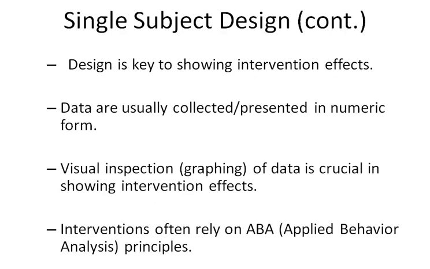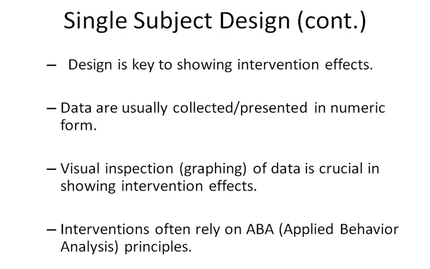In single subject design, design is the key to showing intervention effects. With large group design, we really rely on the use of statistics to show intervention effects. So there's certain ways that we order or think about the conditions of a research study to compare a participant to him or herself over time.